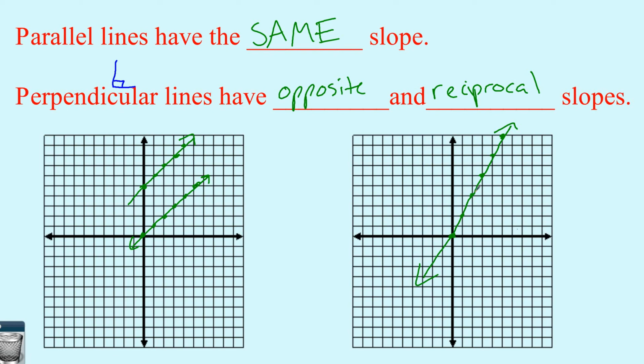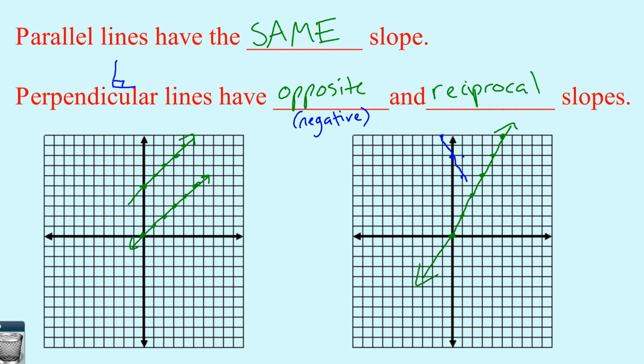So I want it to go this way, so I know it needs to be negative. Okay, that's what opposite means. All right, think of the negative and positive. Okay, well, I want a negative slope, so if I do a negative slope of 2, right, where I go up 2 right, instead of right 1, now I'm going left 1.